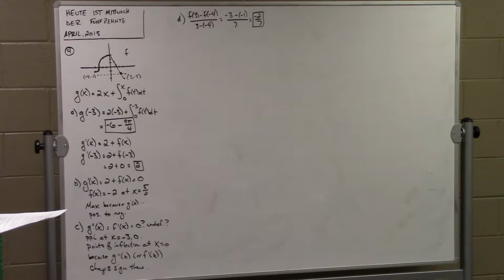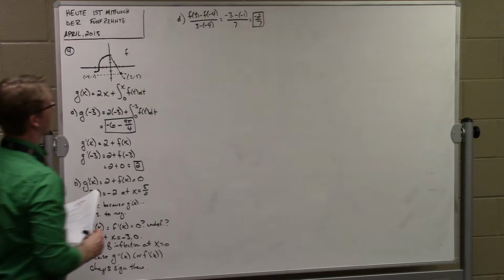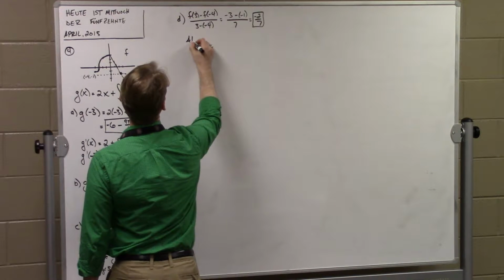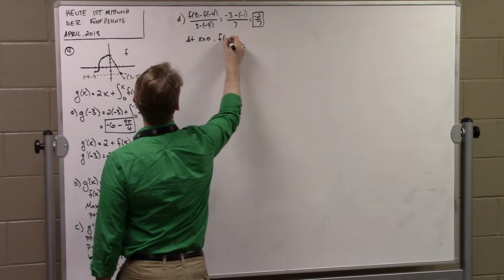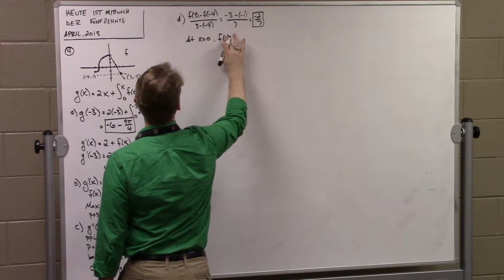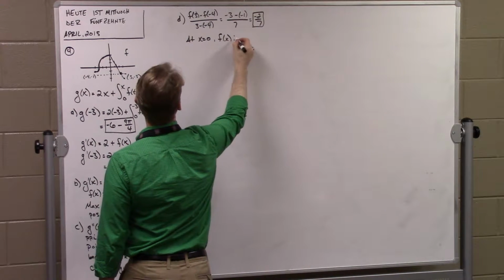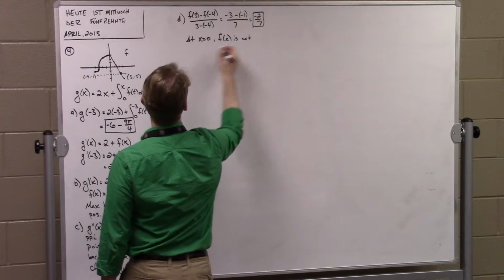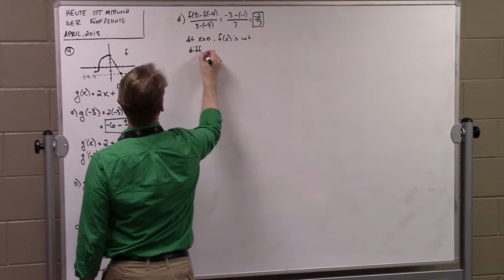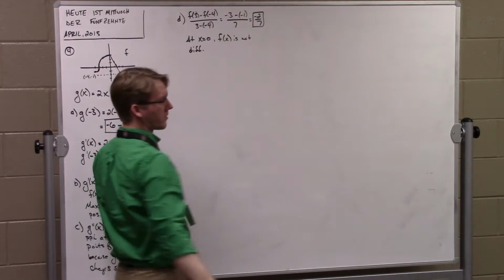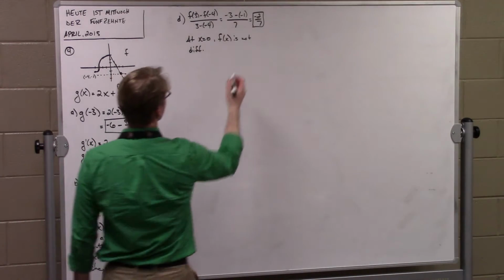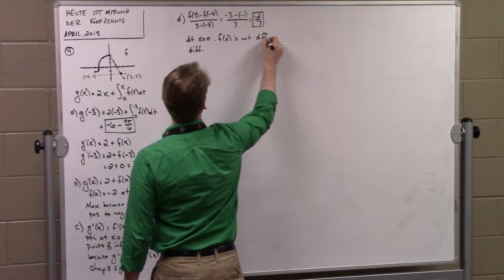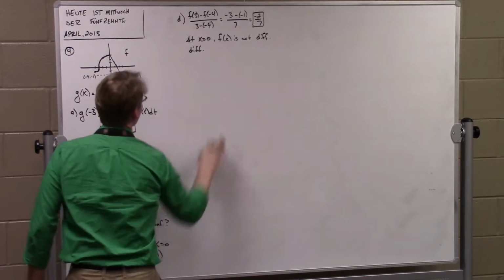There's a point where the derivative does not exist. Good. At x equals 0, f of x is not differentiable. Yeah, where is it? And that was the second of the two conditions that had to be true before we could use the mean value theorem.